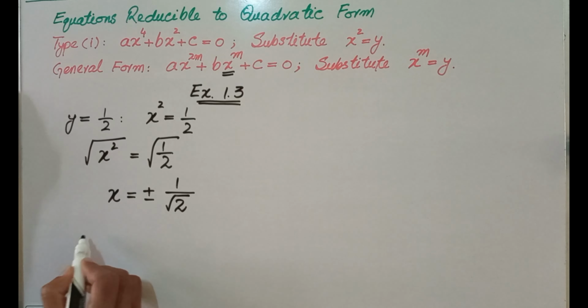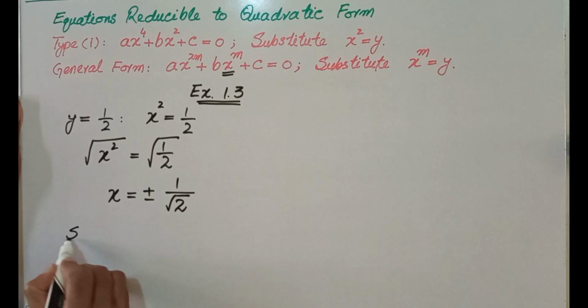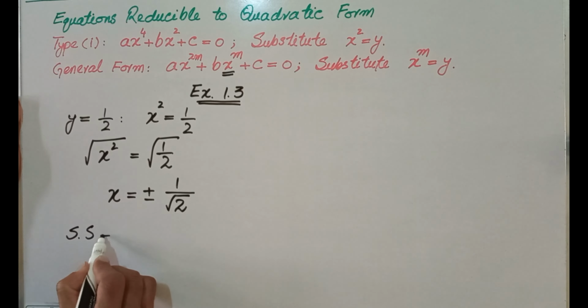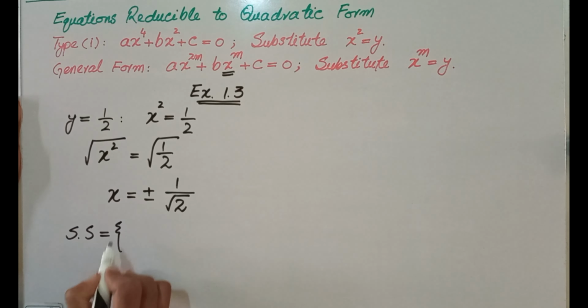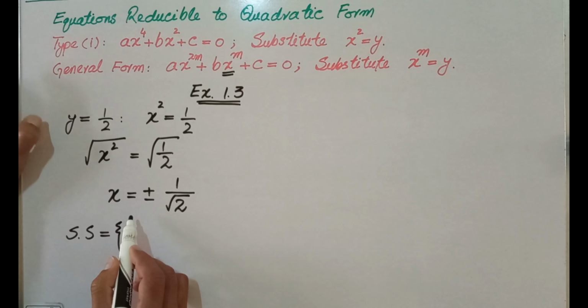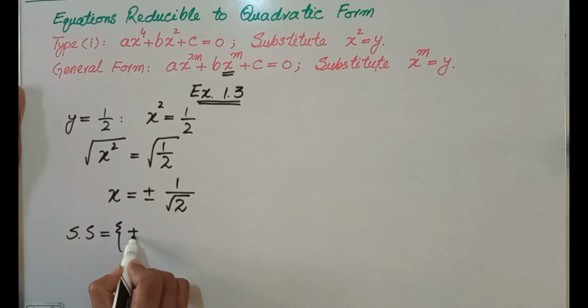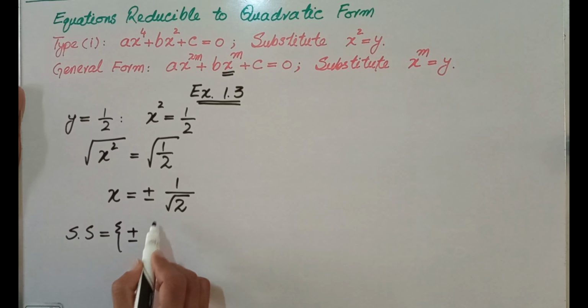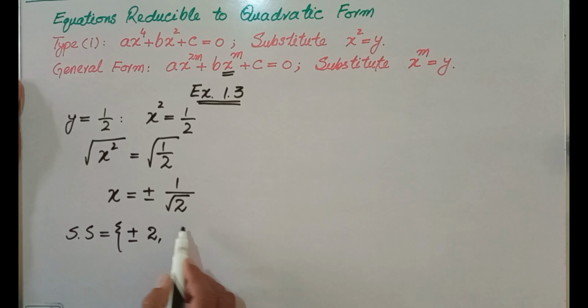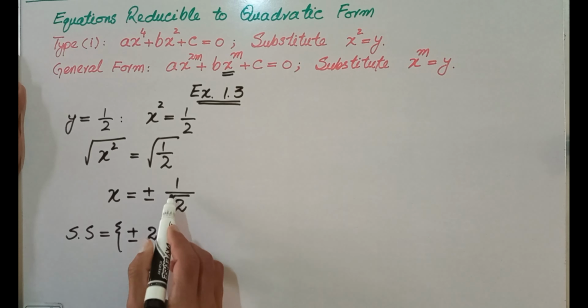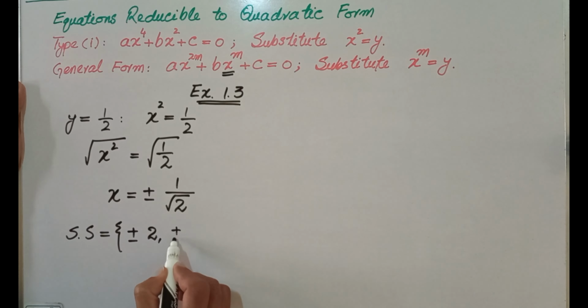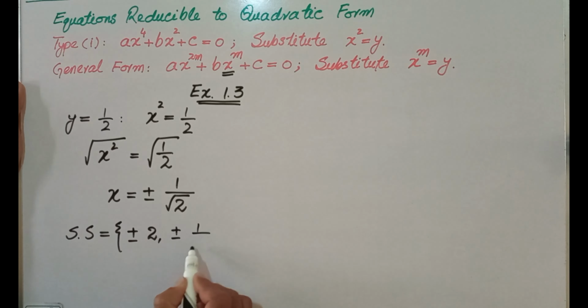Hence our solution set becomes: we had two x values for y is equal to 4, and those values were plus or minus 2, and when y is equal to 1 over 2 then we have two values for x, which are plus or minus the square root of 1 over 2.